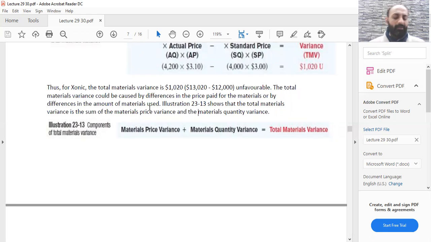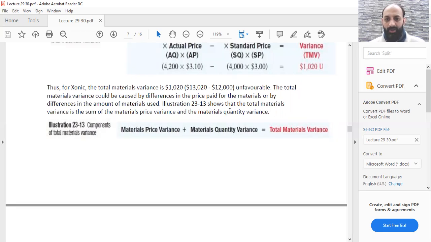Let's say for a product the standard says that we should use 5 pounds of raw material, and instead of 5 pounds if you use 4.5 pounds, you will have a variance of 0.5 pound. So your material variance can be because of the price, or it can also be because of the quantity that was used.